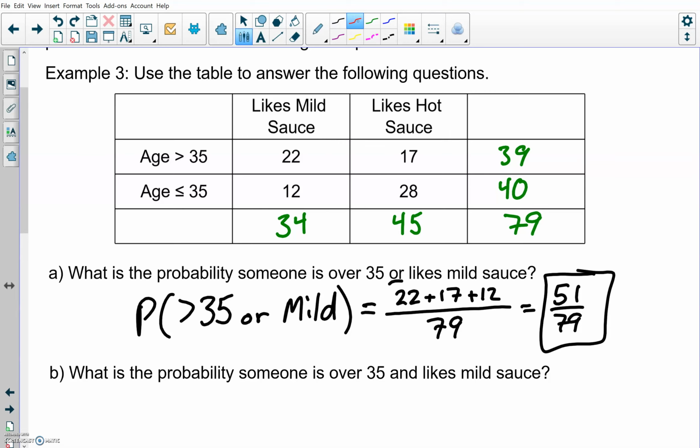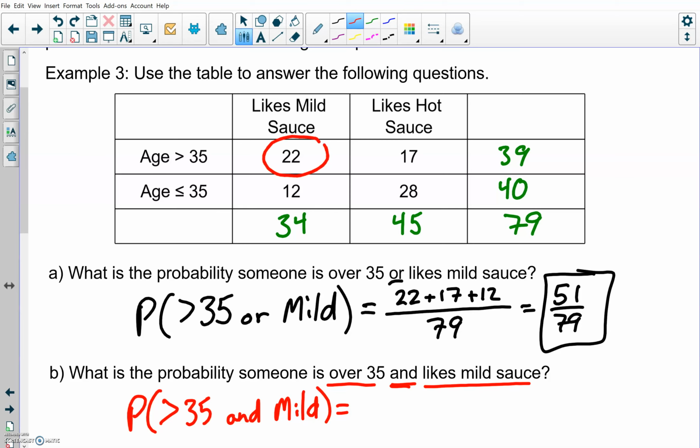Let's look at the part B example, where we're now going to look at over 35 and likes mild sauce. So it can't be either or like it was in part A. We want the probability of over 35 and likes mild sauce. So now I'm just looking for the intersection, the one that's common, and in this case that would be 22.